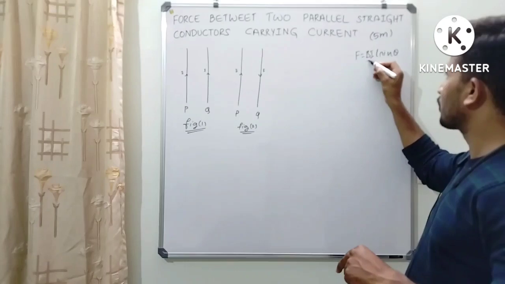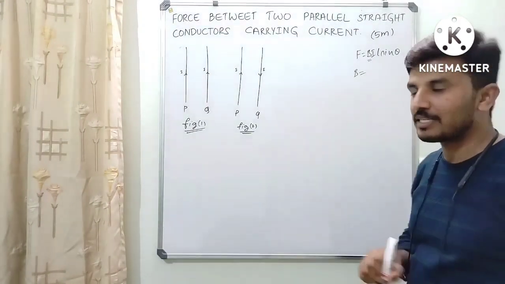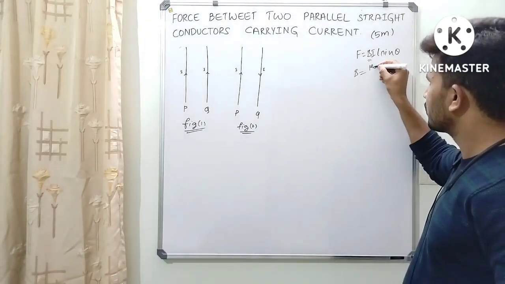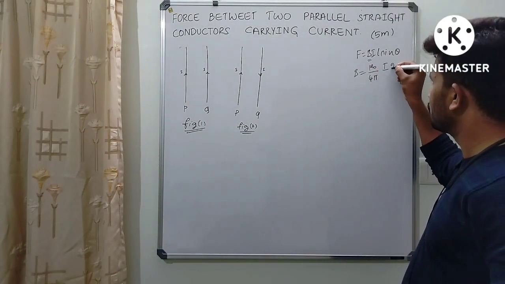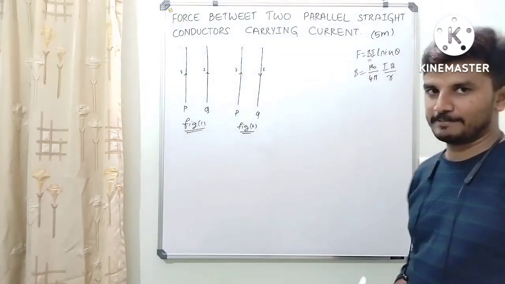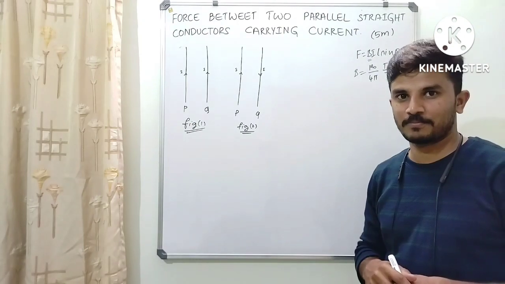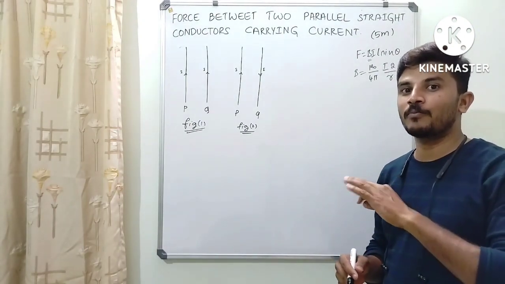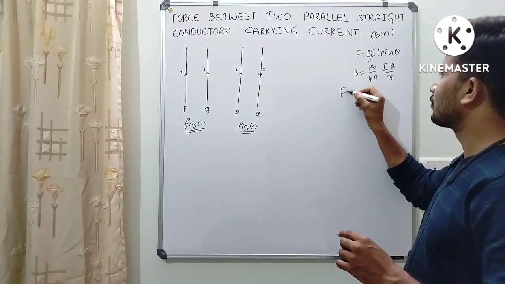Secondly, we have the formula for magnetic field produced by straight conductor, that is mu naught by 4 pi 2I divided by r. That also we have studied from Ampere circuit law. And thirdly, we have direction of force given by Fleming's left hand rule.